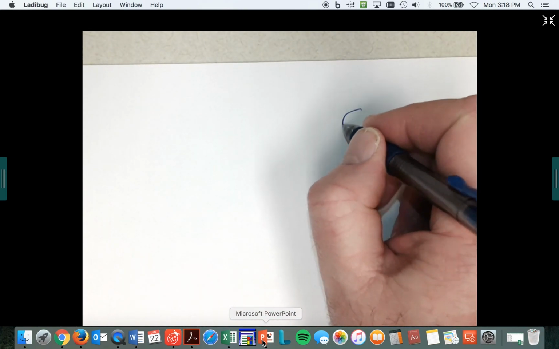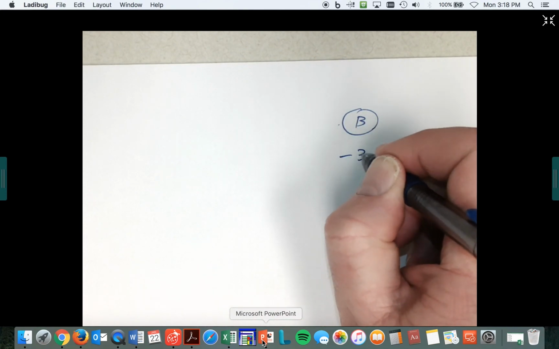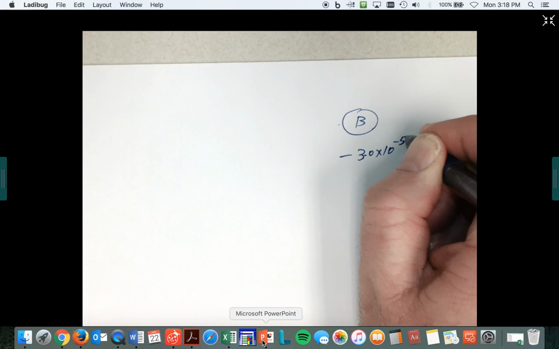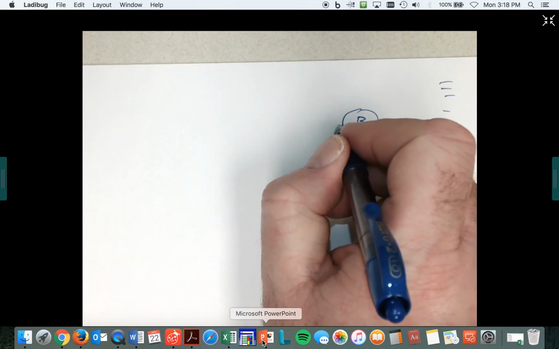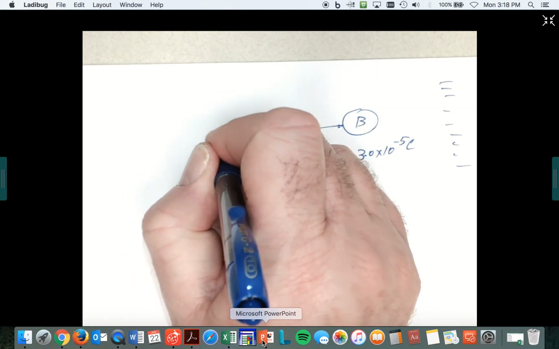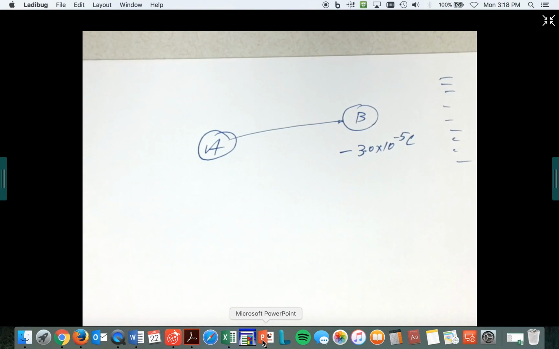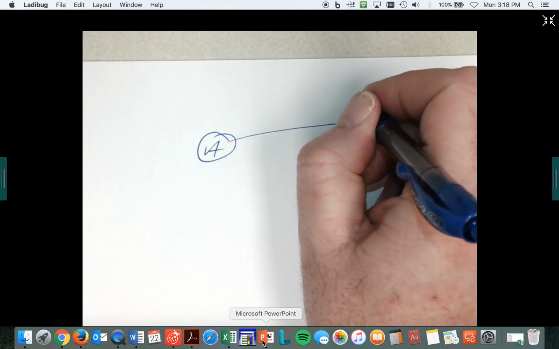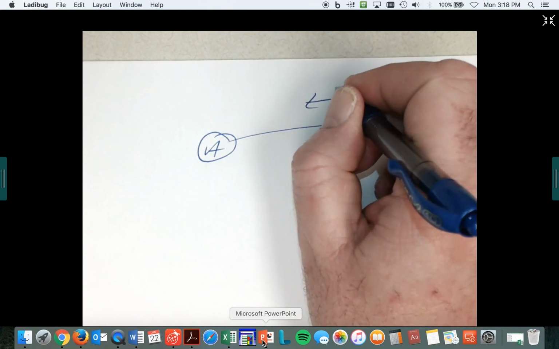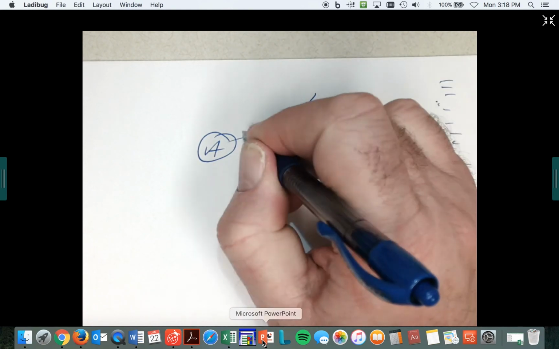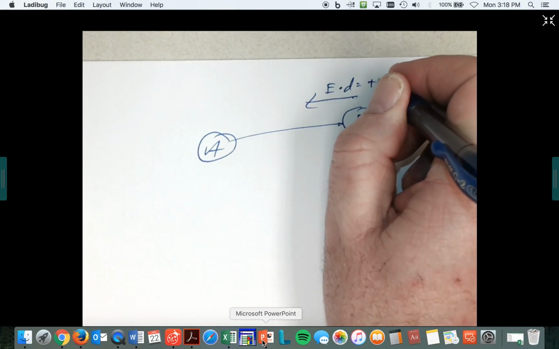Bunch of negative charge here, and the potential increases as it goes from B to A. So the electric field is going this way from this negative thing, and so it wants to go from here to there. So its E field times d is equal to positive work.